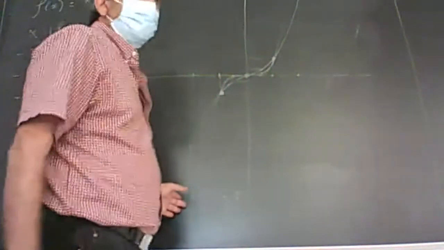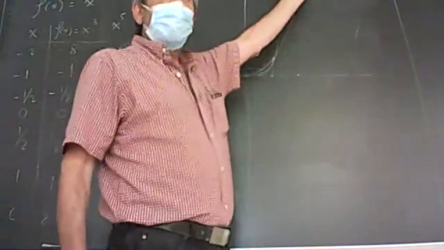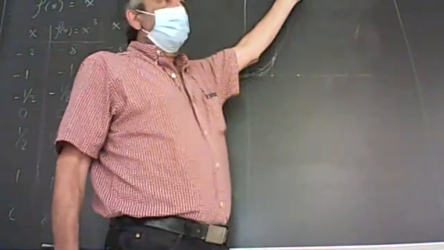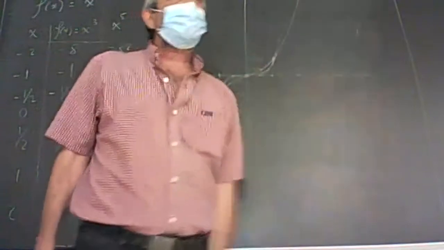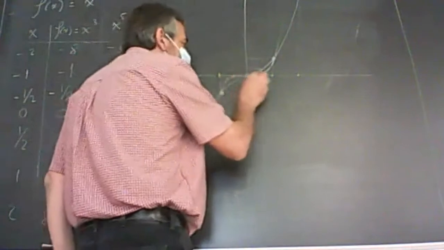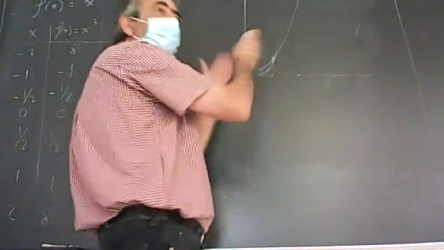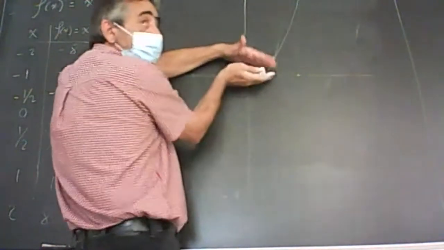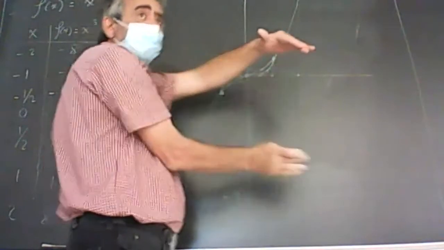They still start here and end up there. So 5, 7, 9, they all look the same, except you're getting more and more toward a straight line over here. It's never a straight line, but you're getting more and more toward it between negative 1 and 1.